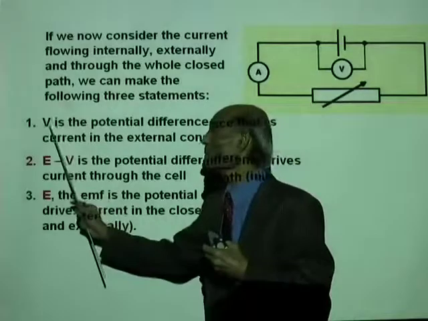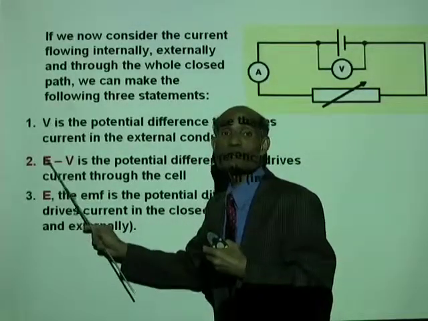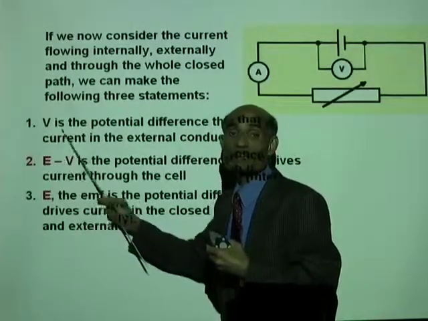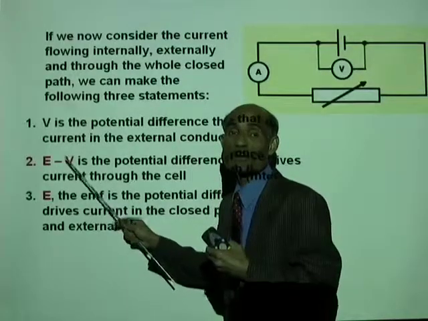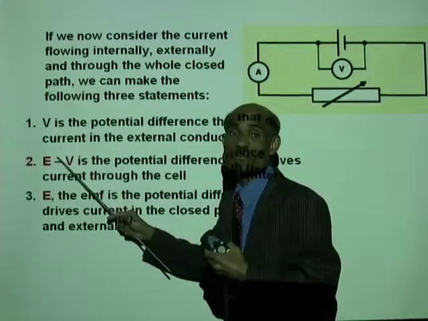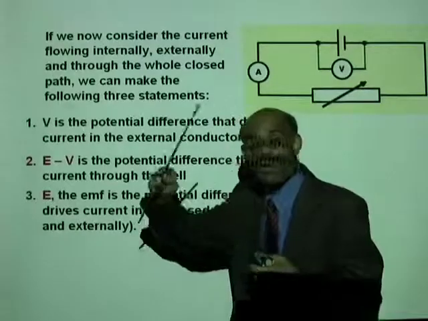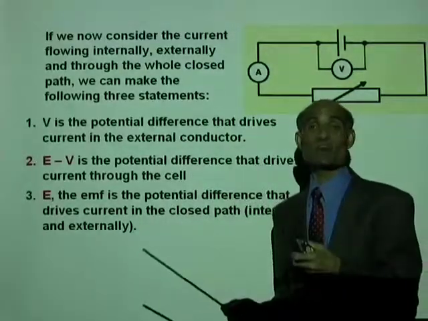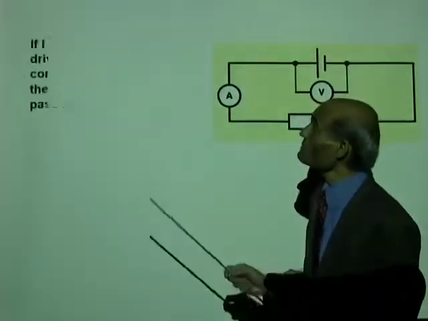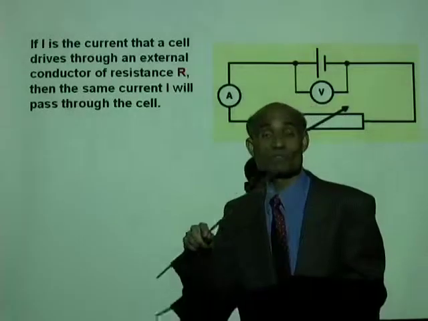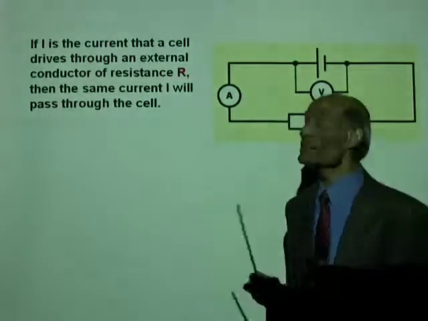If you add V to E minus V, this is external, this is internal, add the external to internal, you get the whole external plus internal. Okay, let's use Ohm's law to express these three situations.